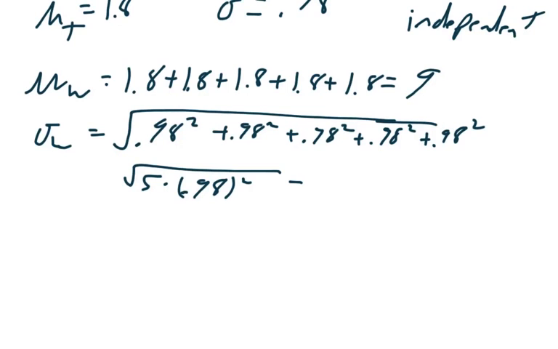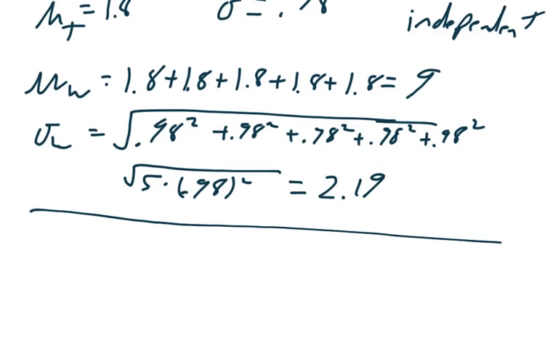And so on a weekly basis, she can be off by 2.19 cars approximately.